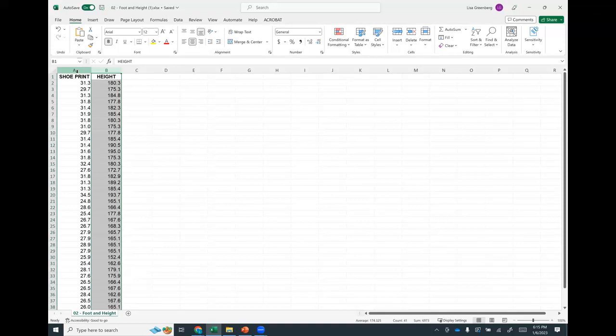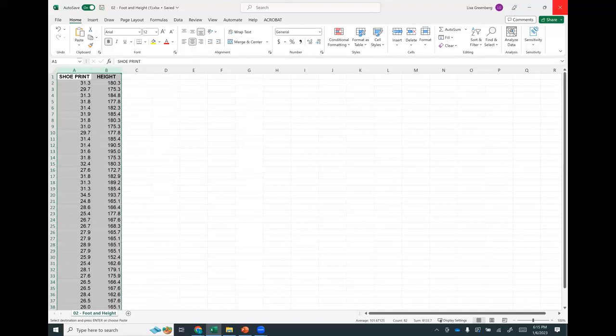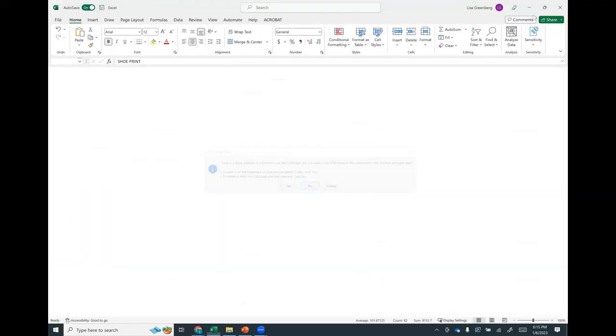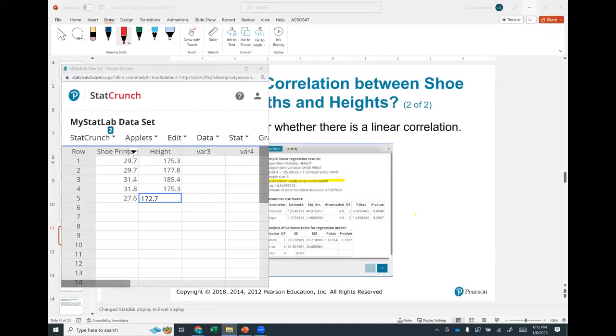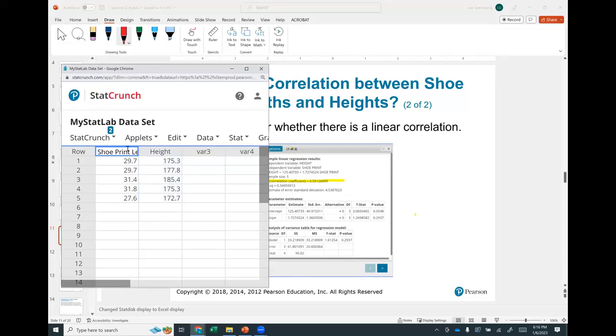So I am going to copy. So you don't have to do this. I'm just showing you what I'm doing. Okay. So I'm gonna paste them in here. Try one more time.